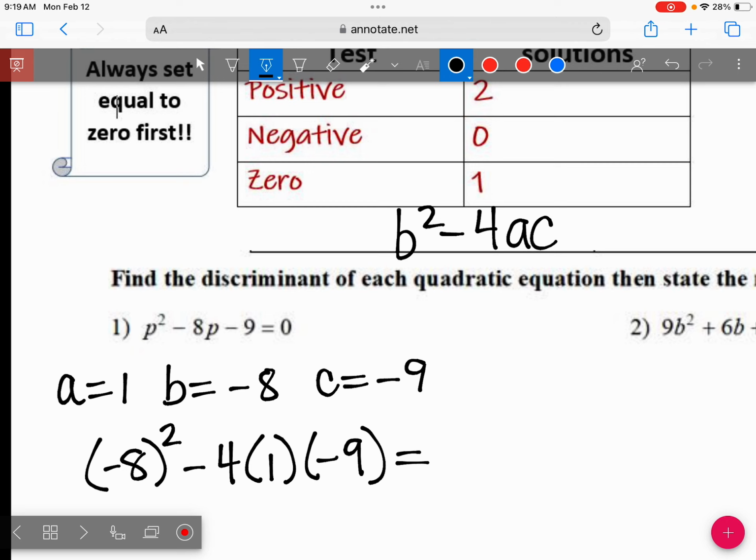Always put parentheses around that first number. But you see how that square has to be on the outside. You have to type it in exactly the way I wrote it.